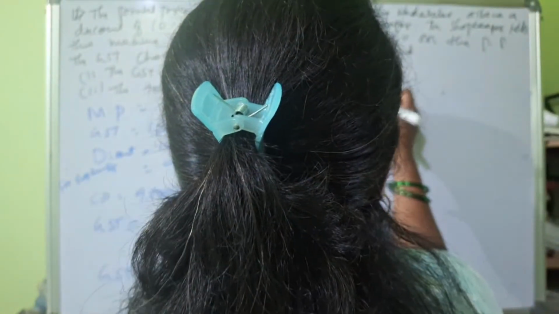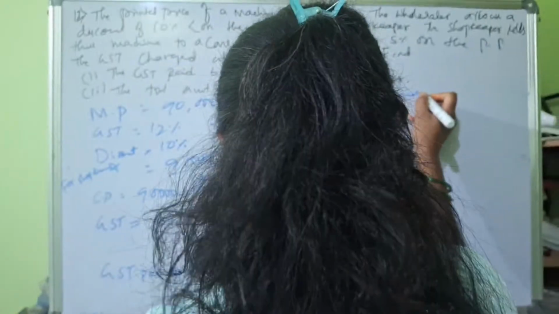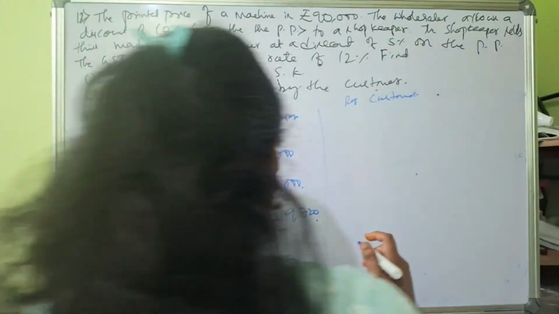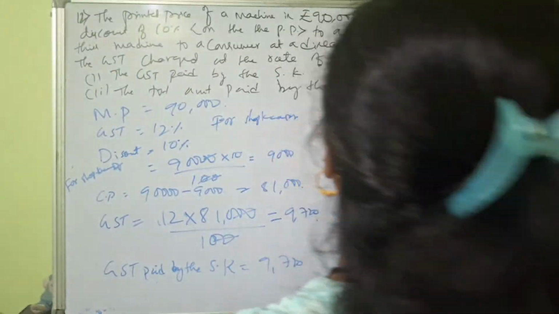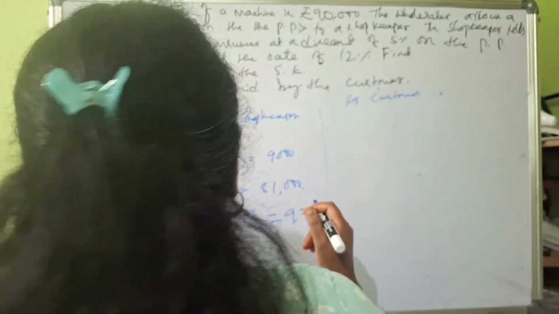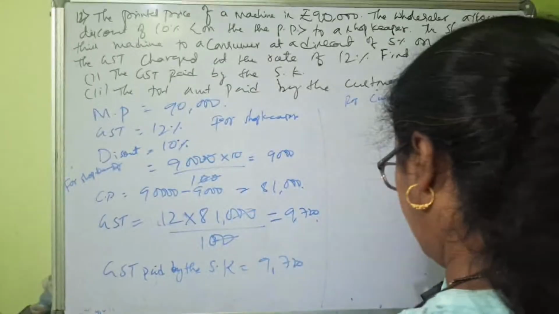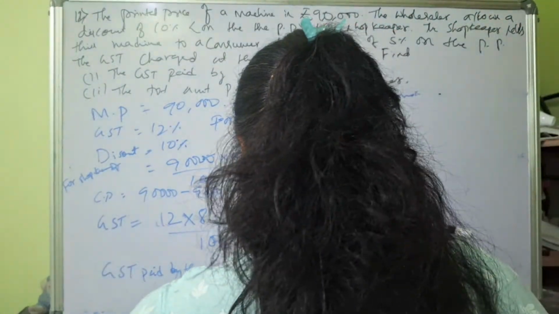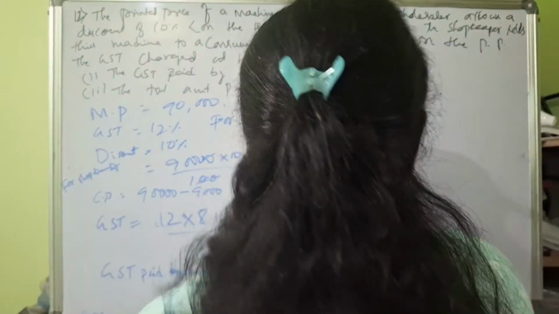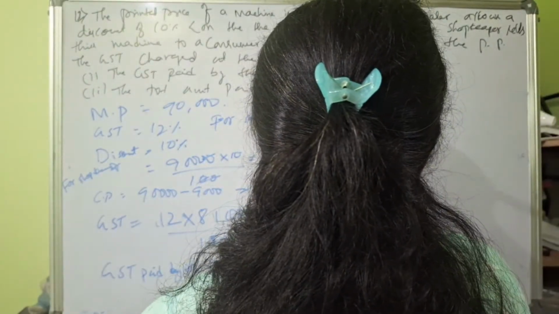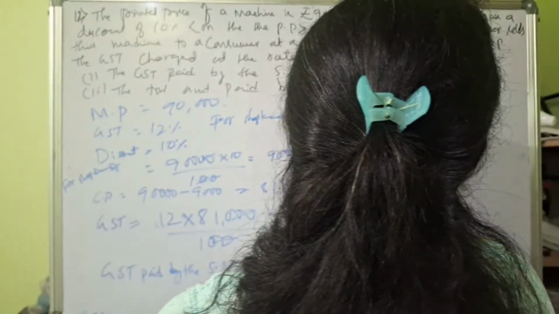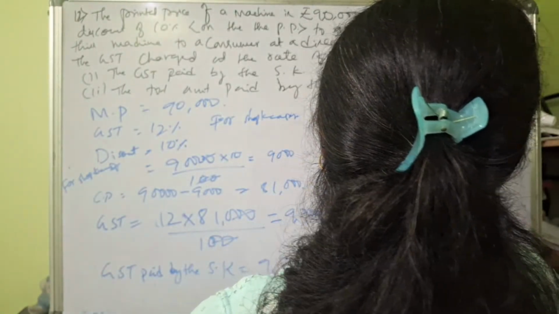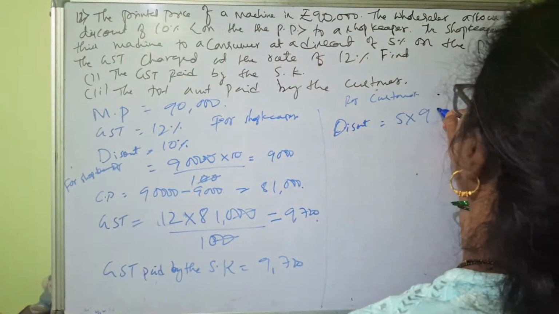So for the customer, here the shopkeeper gives a discount of 5% to the customer on the market price. That means discount is equal to 5% of 90,000.